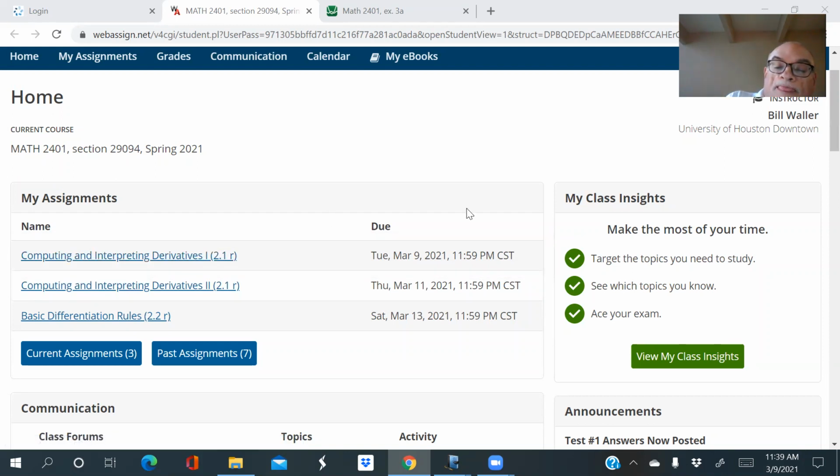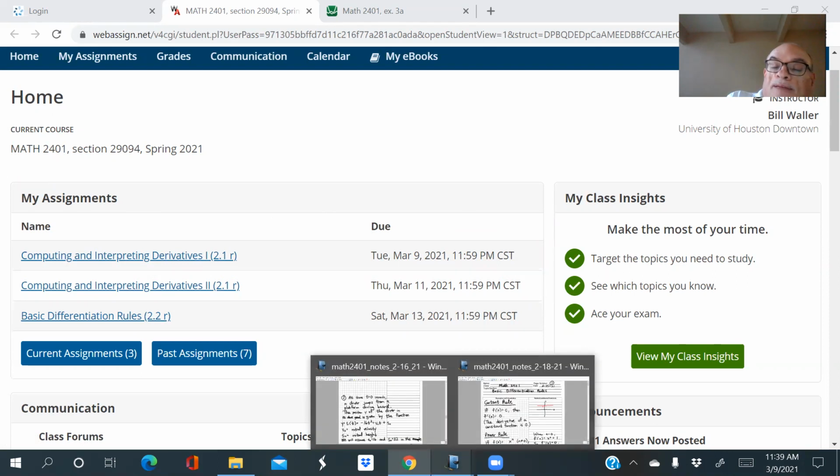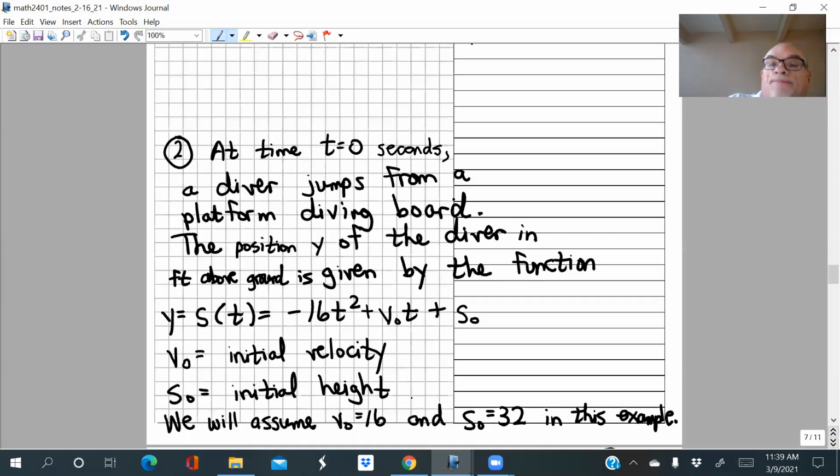Okay, so let me pull up the notes then, and see if I got the right one. Yeah. All right. So again, what we're finding now are what are known as derivative functions or instantaneous rate of change functions.